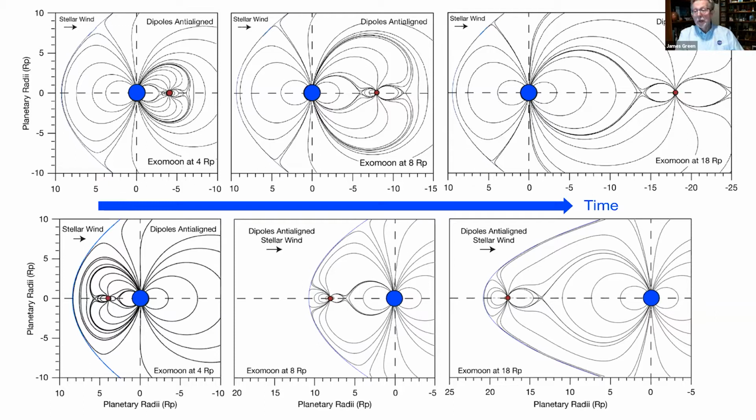As you see, you have another magnetosphere in the way. In fact, the exomoon magnetosphere has a tendency to push the cusp to higher latitudes, and therefore further into the polar cap, reducing the size of the polar cap.